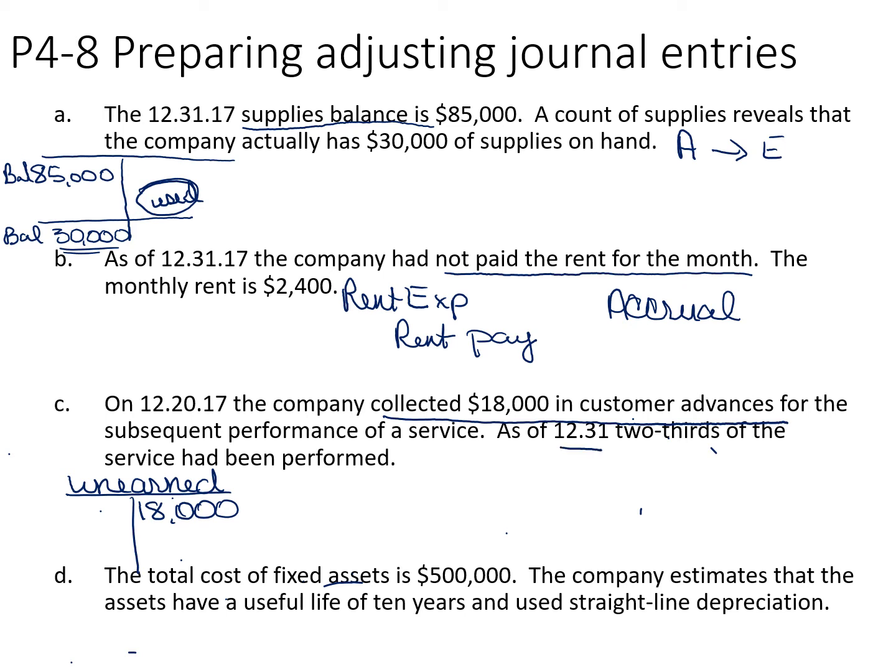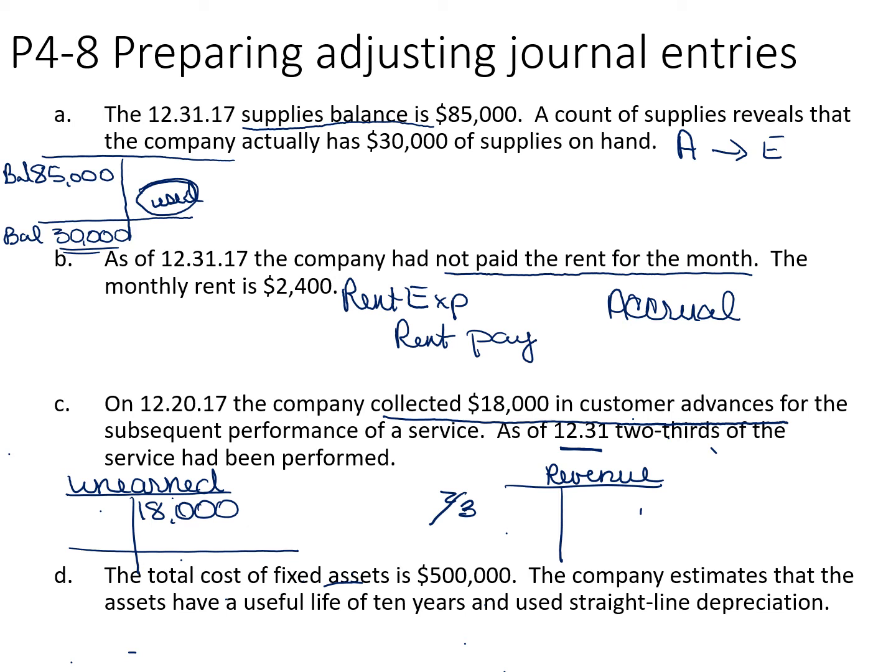Now it says as of the end of the year, 2/3 of the service have been performed. So 2/3 needs to move over into revenue.